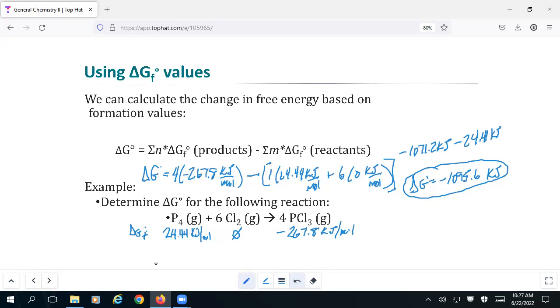A reaction can be really, really fast, but also barely spontaneous according to its delta G value. You can also have a great negative delta G and be kinetically glacial in its reaction speed. The two have nothing to do with each other. Right? Any questions with free energies of formation?